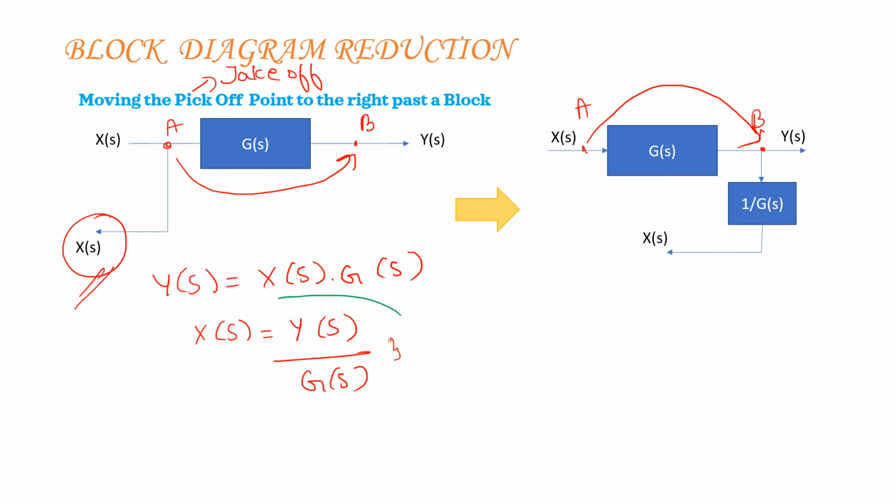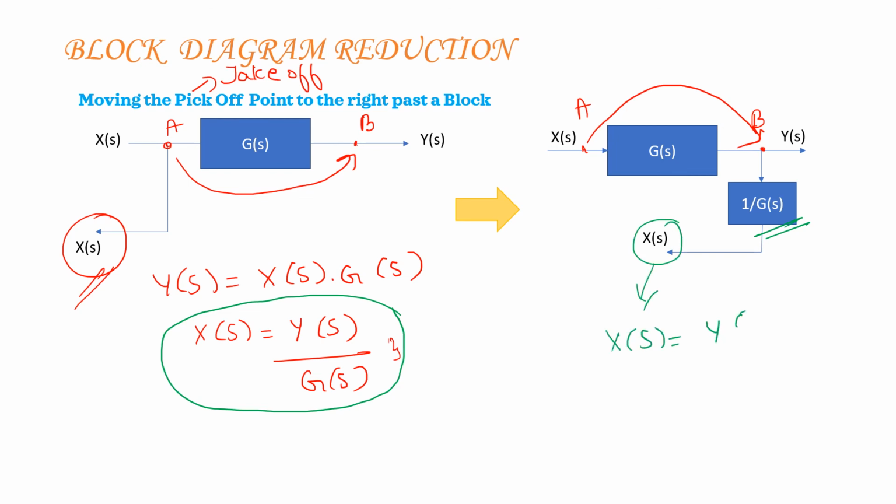Our X(s) should be equal to Y(s) by G(s). So for that, a block equal to 1 by G(s) is added. So what is X(s) here? This X(s) is equal to Y(s) by G(s). So these two are the same.